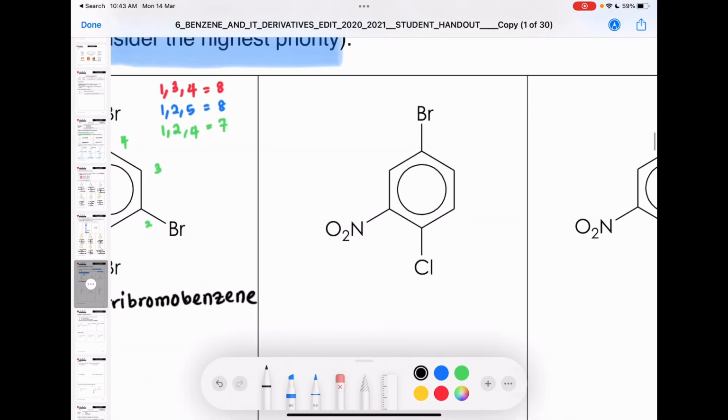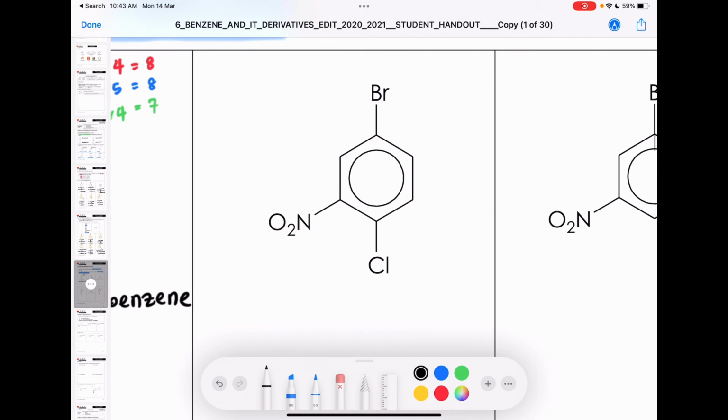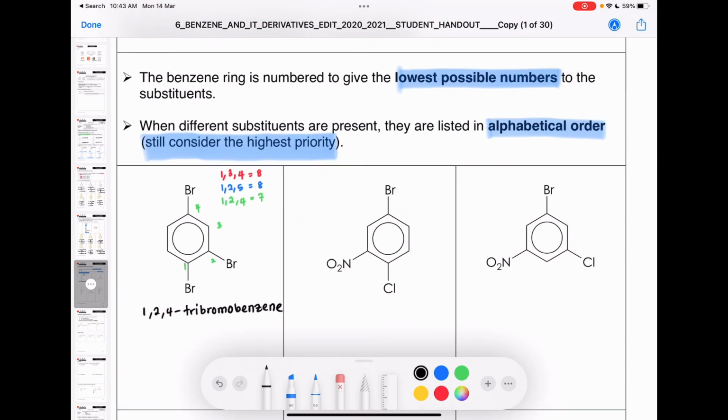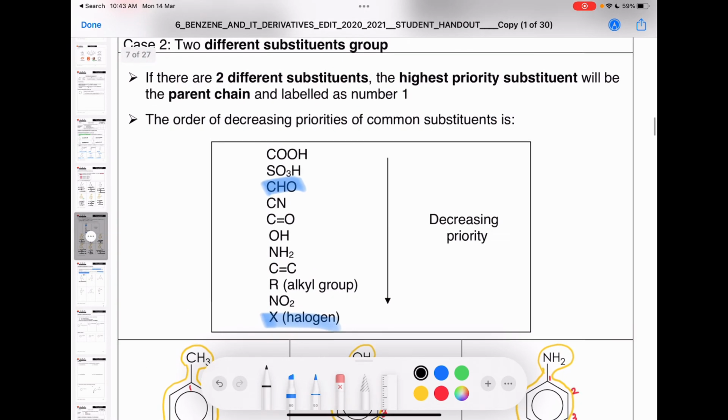Let's take a look at this. In this example, we have 3 substituents: bromine, chlorine, and NO2, which is nitro. Since they are different, we have to consider the priority. Since we have NO2 and halogen, the priority is NO2.